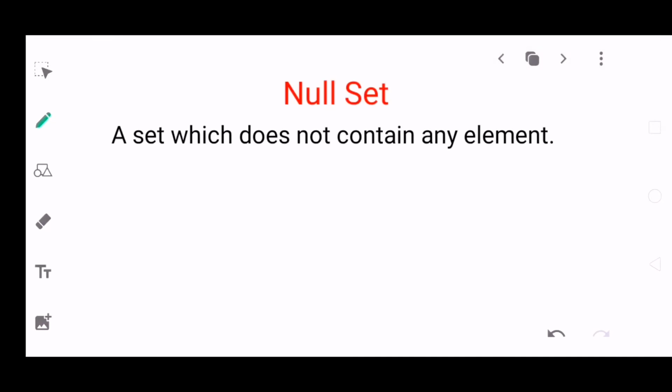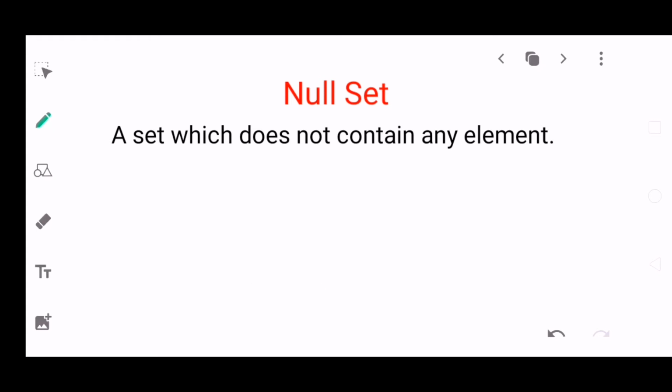Null set. A null set is a set which does not contain any element. Here we use the symbol, or braces with no elements inside, to denote an empty set.